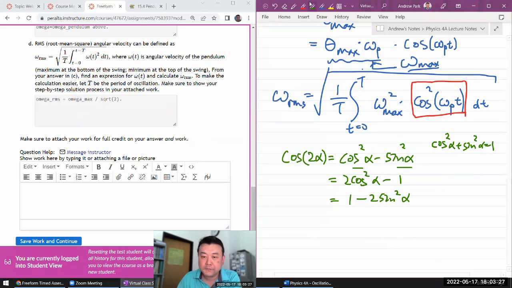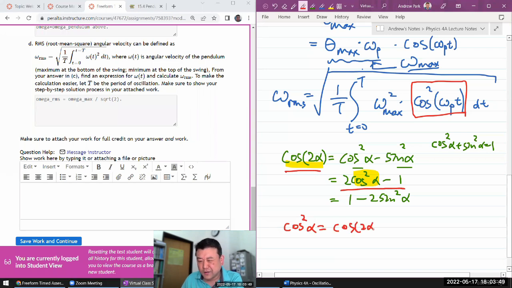And what I'm doing for power reducing formula is I'm working backward from one with the square to the one without square. So I think the version I need to use is this one, because I want to reduce the power of cosine squared. So solving this for cosine squared alpha, I have cosine squared alpha is equal to cosine 2 alpha plus 1 divided by 2.